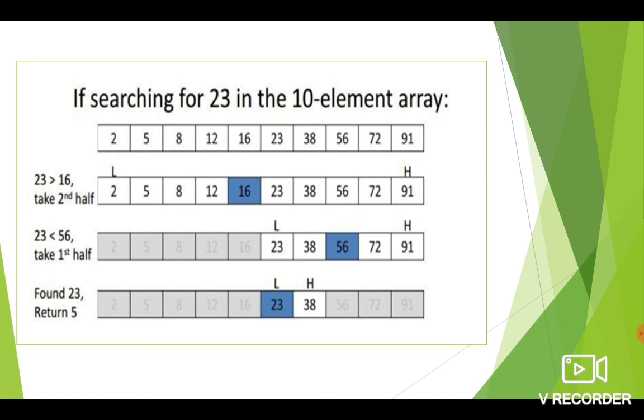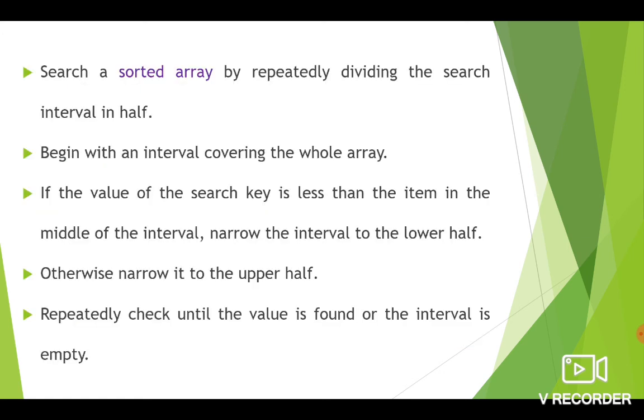You can ignore the left half elements. If the searching element is less than the middle element, then you have to search in the left half. You can ignore the right half. So this process is repeated.